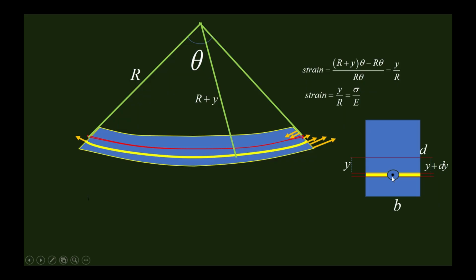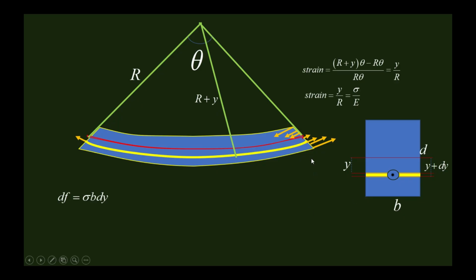This circle dot indicates that if someone is viewing from this side, the direction of force will be towards the observer, that is towards us. Then the force acting on this yellow layer is sigma dA, where dA is the area of this small strip, whose width is b and thickness is dy.